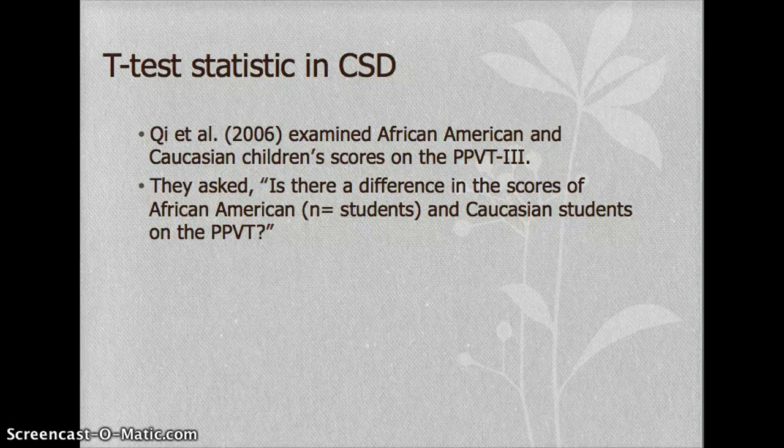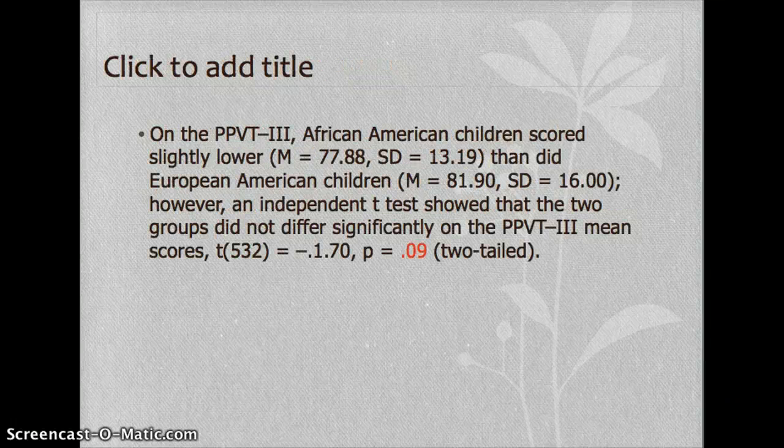Okay, so that was their question. So what they found was on the PPVT, the African American children scored slightly lower. So they have the mean of how they scored and their standard deviation than the European American children, and they have their mean and standard deviation.